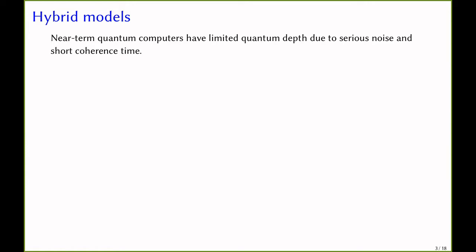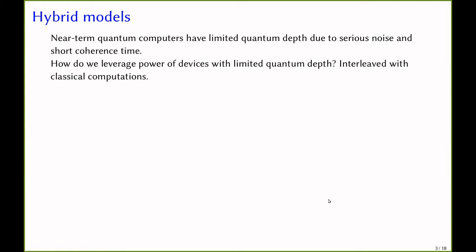So no fault-tolerant quantum computation can be implemented with such a small device. In this setting, how do we leverage the power of a device with a limited quantum depth? A natural approach is to interleave a shallow circuit with a powerful classical computation.